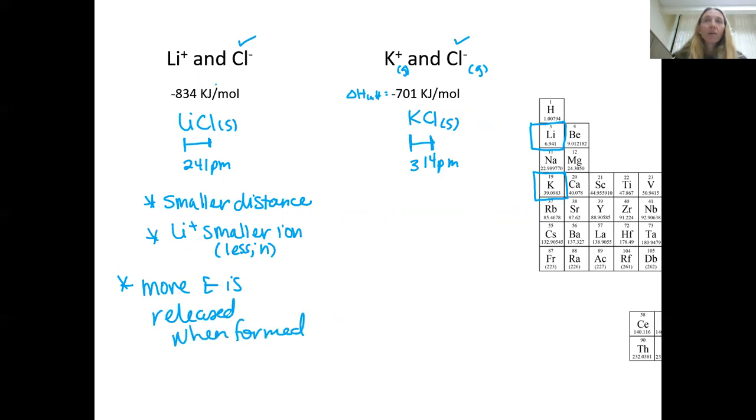So the bigger the negative number means the more energy is released because they're closer together. So over here, potassium's bigger. There's a bigger distance between the 2 ions.